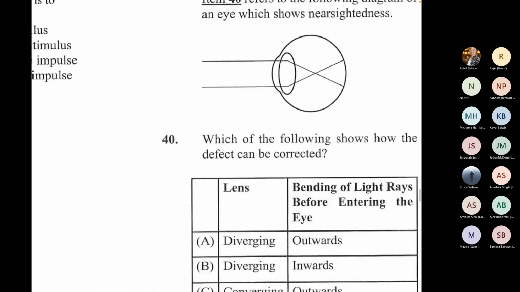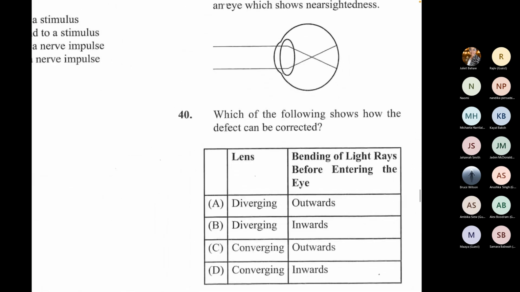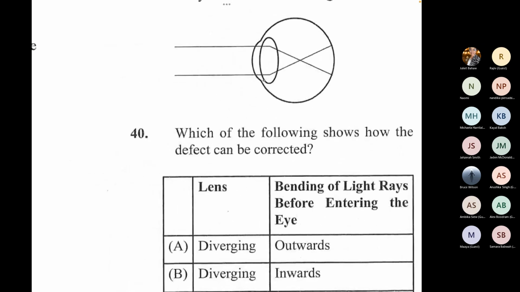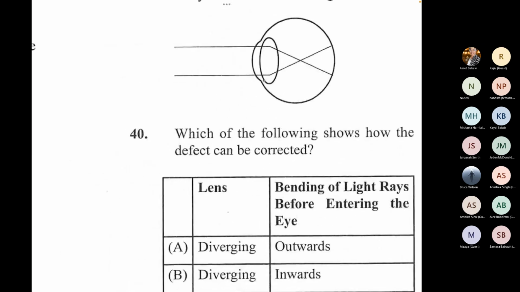So it's supposed to be A instead. 40 is A, because it has to open back out to land on the retina. It's not supposed to overlap as it did in this figure here. It's just supposed to be a smooth line going in and focusing on the retina.